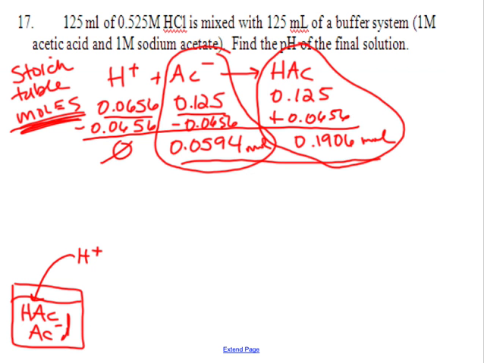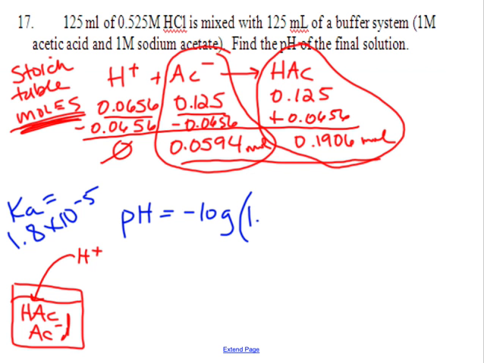So what equation did we decide to use yesterday for a buffer? Henderson-Hasselbalch. We're going to use the pH version. The Ka of this acetic acid is 1.8 times 10 to the negative fifth. So pH is equal to the negative log of 1.8 times 10 to the negative fifth plus the log. Now, here's the kicker.